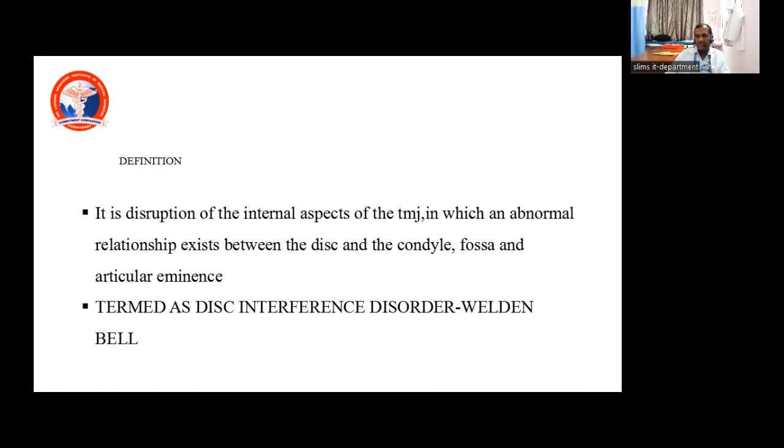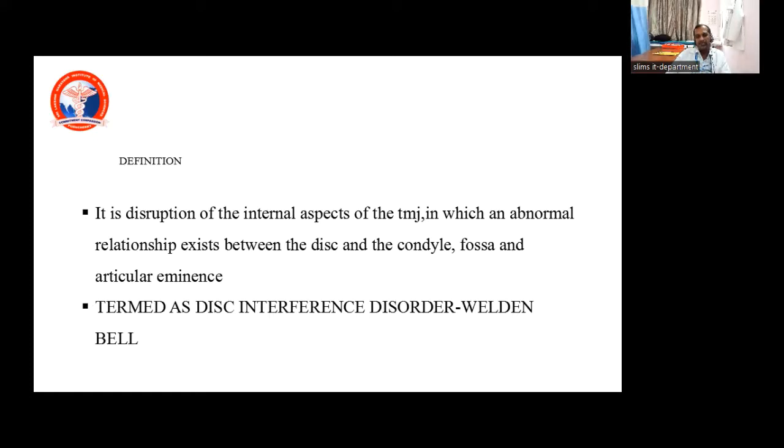If there is any abnormality associated with the disc, the condyle, the articular eminence, which forms the anterior guide for the temporomandibular joint, and if any internal disruption is there, then the patient may end up with internal derangement.